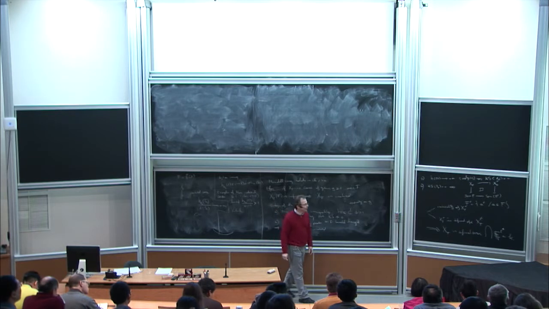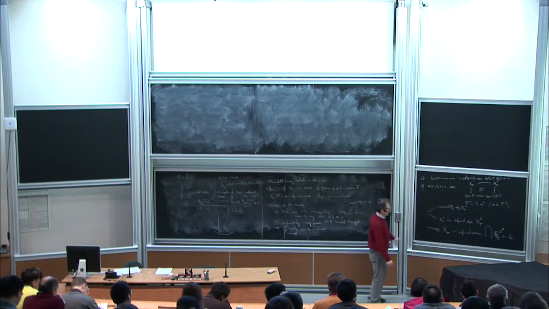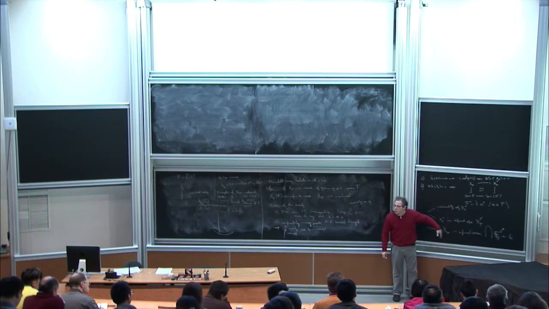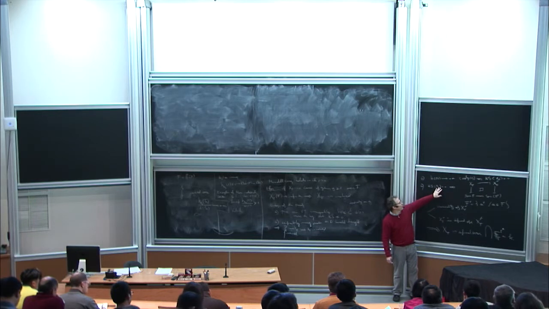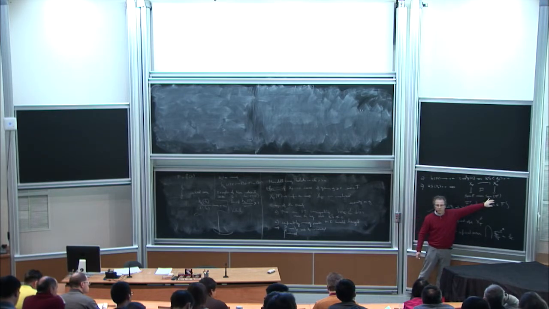So this is the main difference. This step is completely new with respect to characteristic p, characteristic 0. In characteristic 0, essentially it is enough to stop here, and in characteristic p you need a new argument.